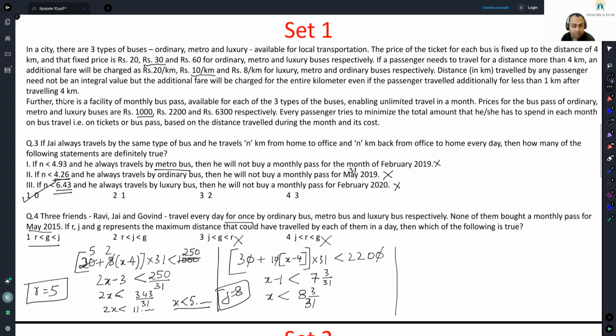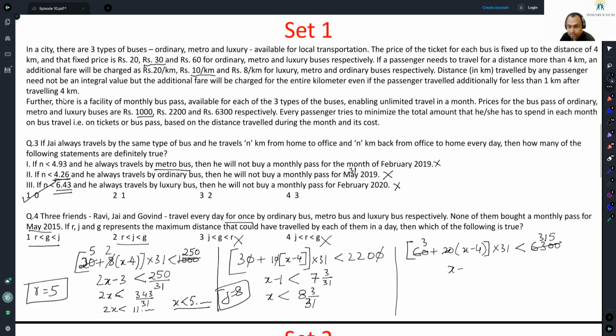Between these two, I'm still left. Option 1 and 2 can still work. So I have to do the work for the last one. So 60 plus 20 x minus how much? 4. This whole thing into 31 is less than 6300. Okay, so this is 3, this is 1, this is 315.